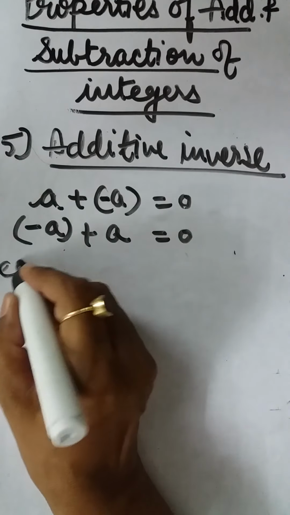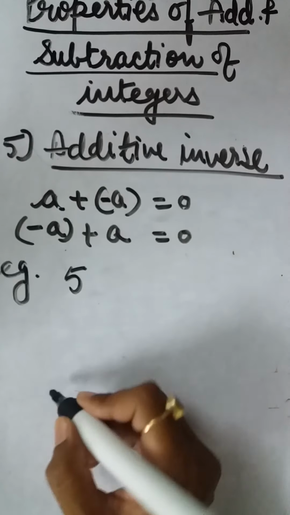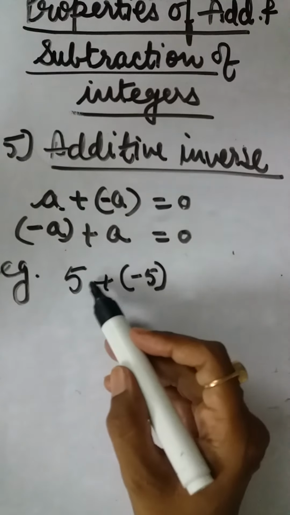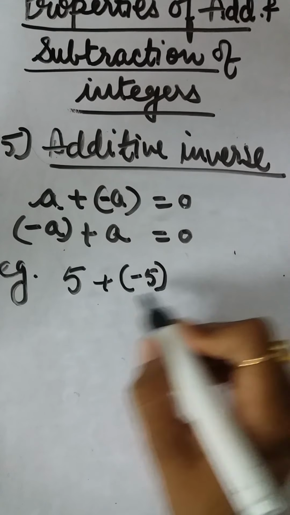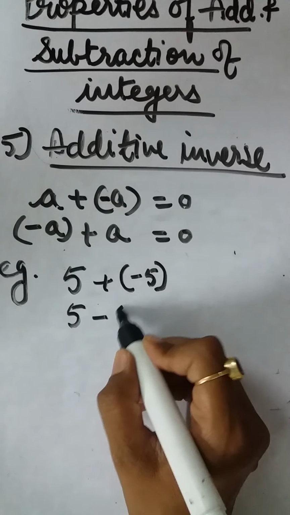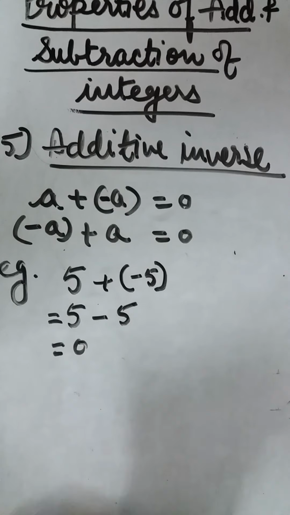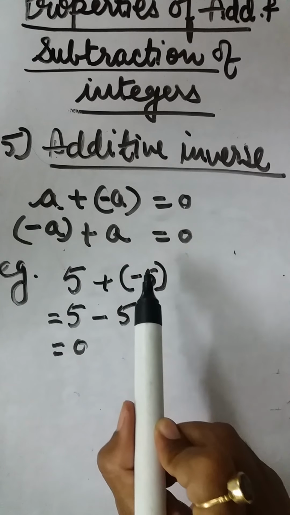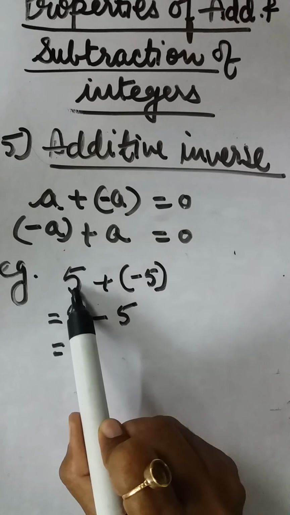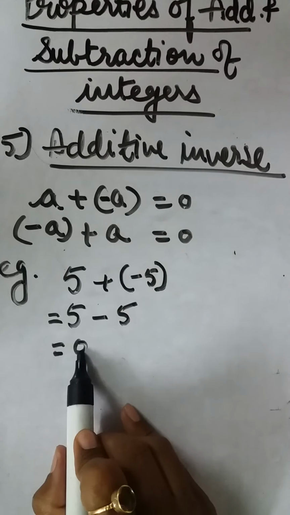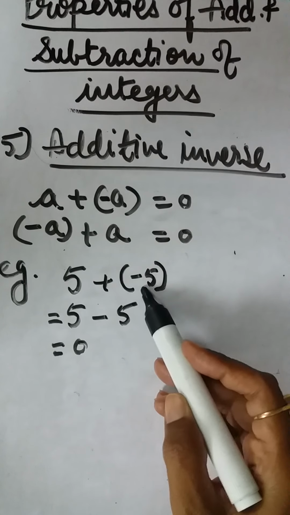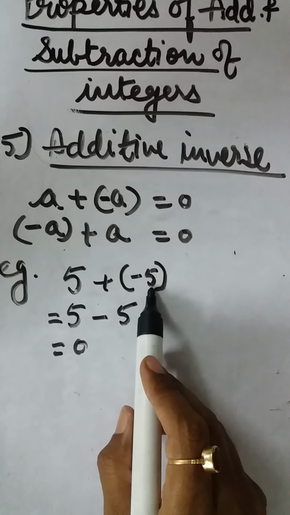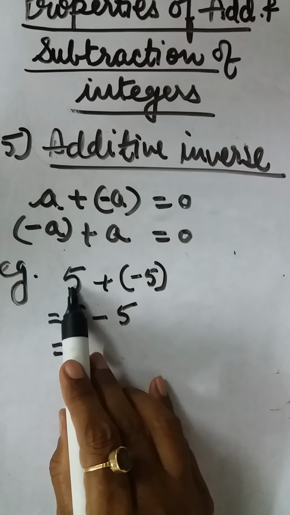For example, if we have 5 and we add minus 5, they cancel each other, or if we open the bracket, we get the result 0. So 5 is the additive inverse of minus 5 and minus 5 is the additive inverse of plus 5.